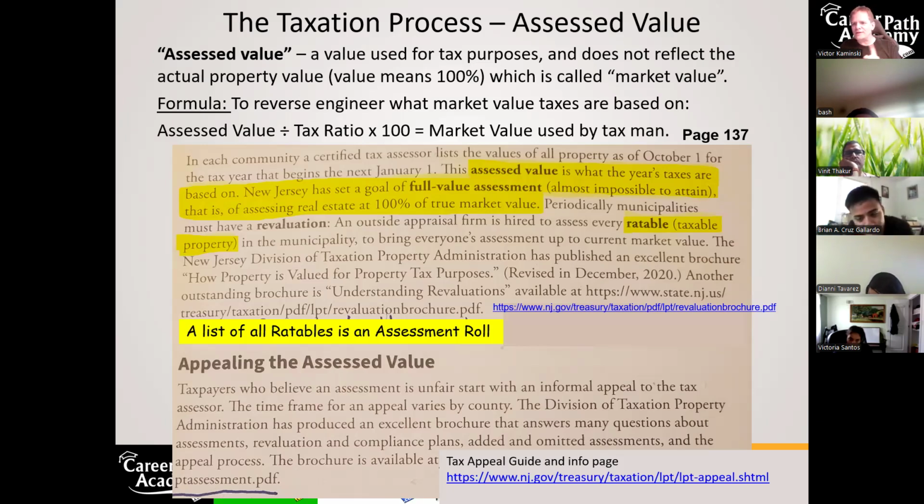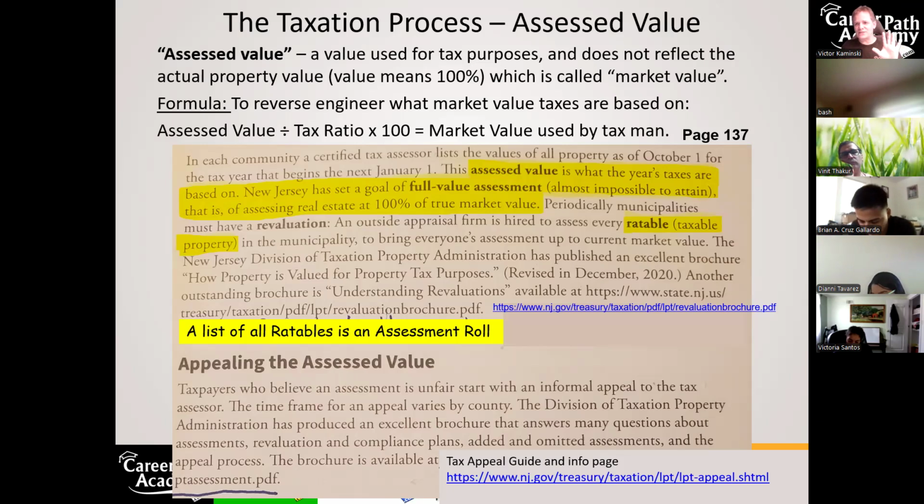They're allowed a 15% margin of error. So when you go down to file a tax appeal, you go to your taxman and say, yeah, I want to appeal my taxes. I want to get my taxes lowered. You know what they're going to say? We don't do that here. You need to go talk to your politician and argue with them. Because politicians are the ones that set how much you pay in taxes.